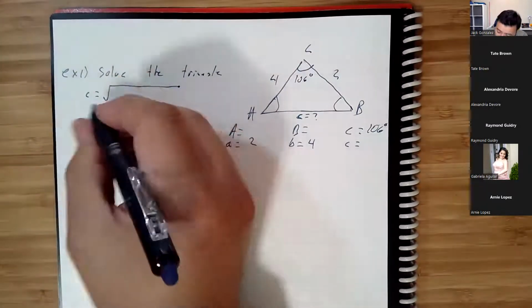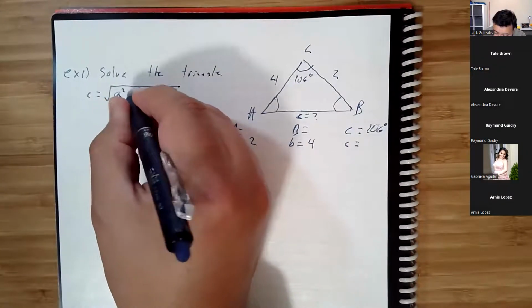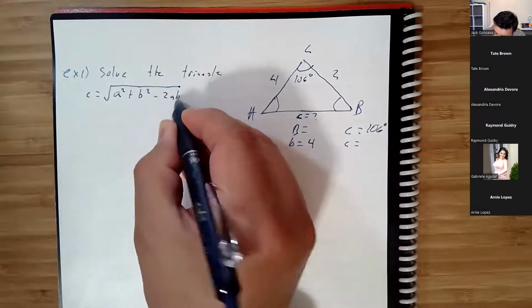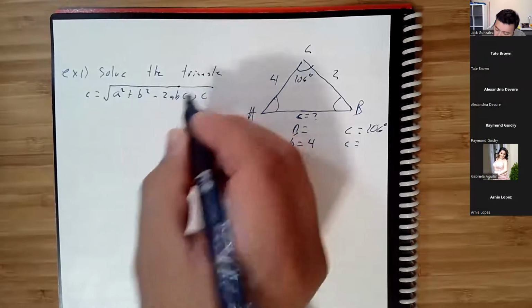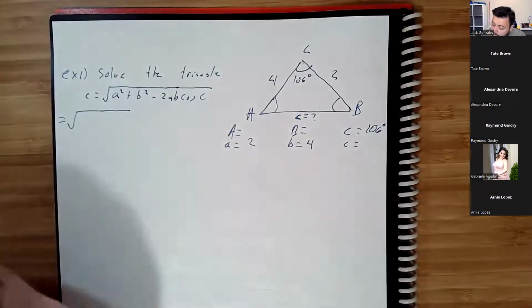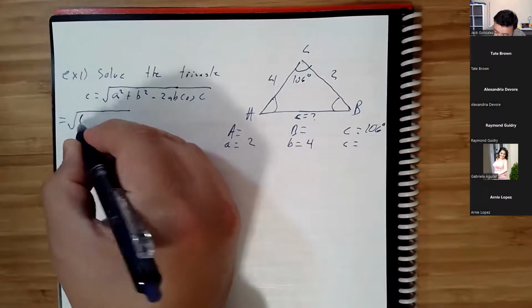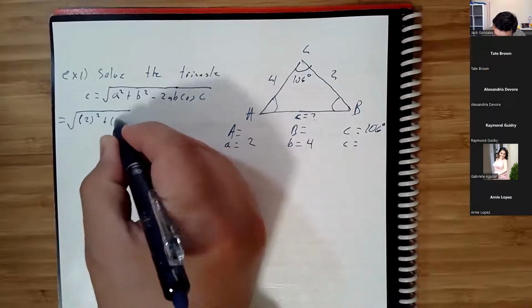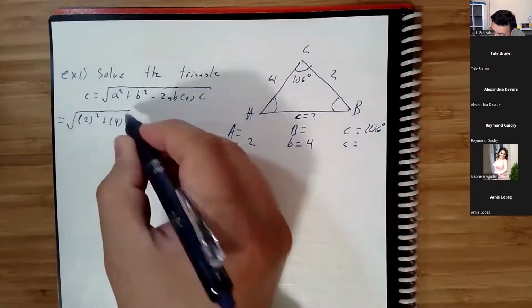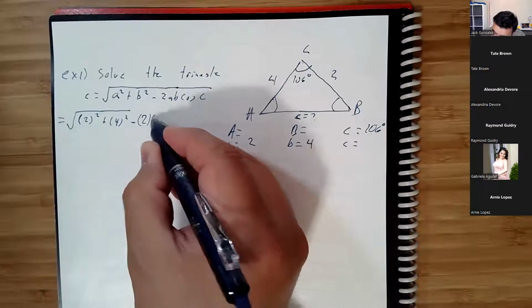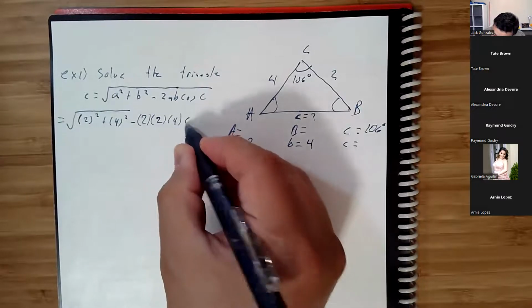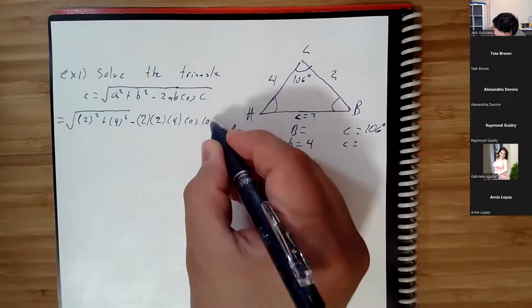All right, so the formula for c is the first thing we're going to find. It's right here. So that will equal the square root of 2 squared plus 4 squared minus 2 times 2 times 4 cosine of 106.